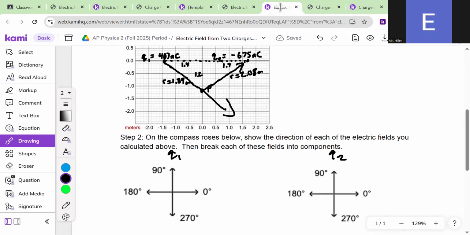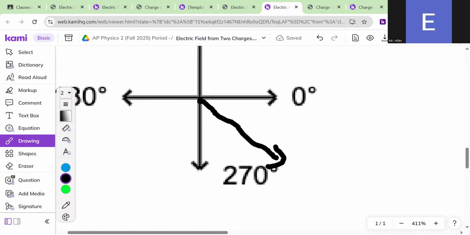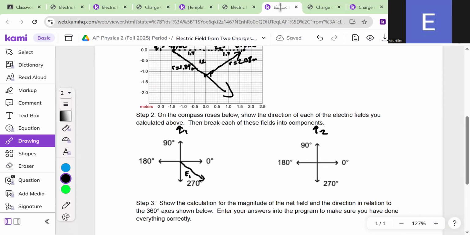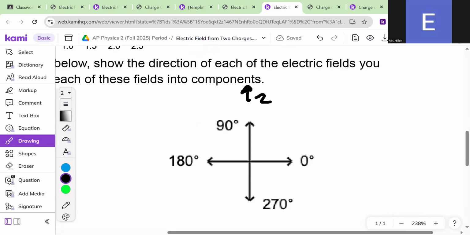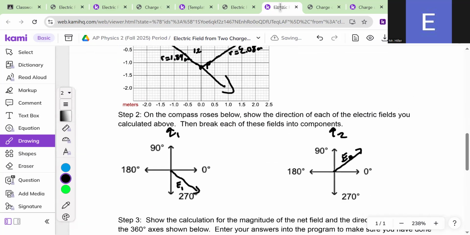For Q1, we're going to have a vector pointing this way that we'll call E1 because it goes with Q1. And for Q2, it will be in this direction here. We'll call this E2 because it goes with Q2.